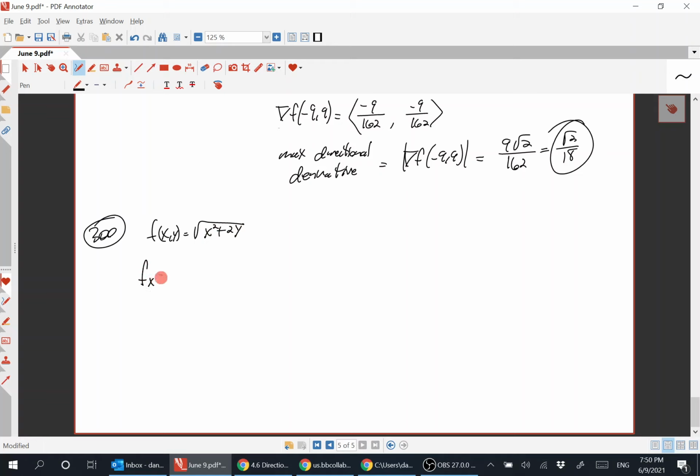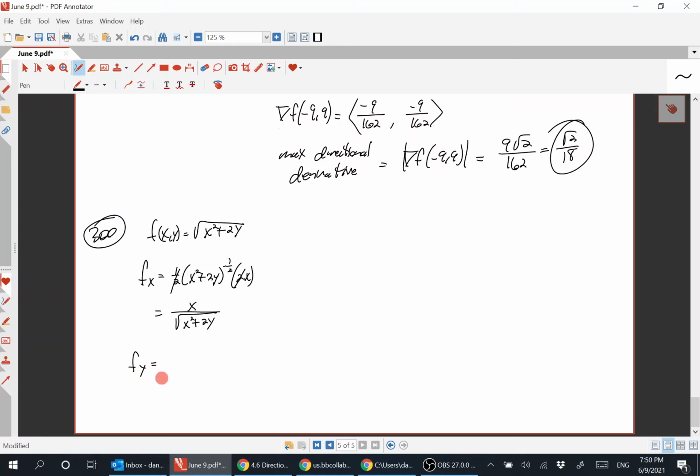So fx is 1/2 times (x squared plus 2y) to the negative 1/2 times 2x. So those cancel, and you've got x over the square root of x squared plus 2y.